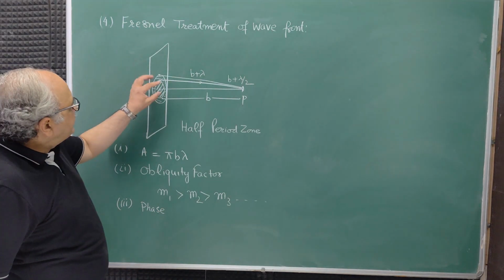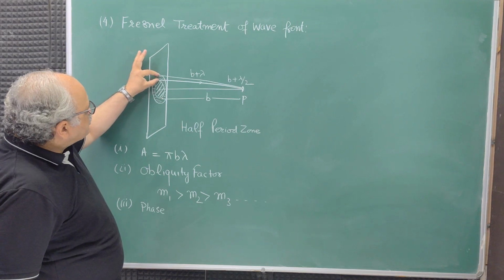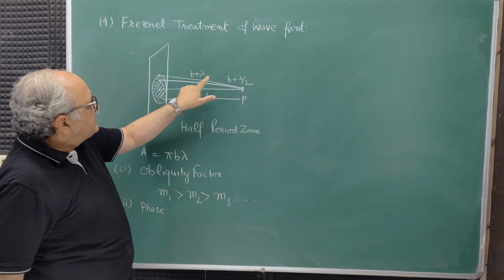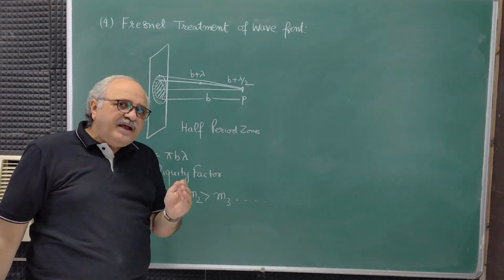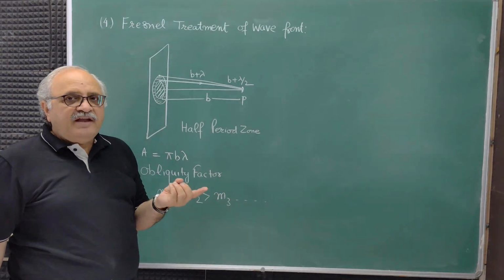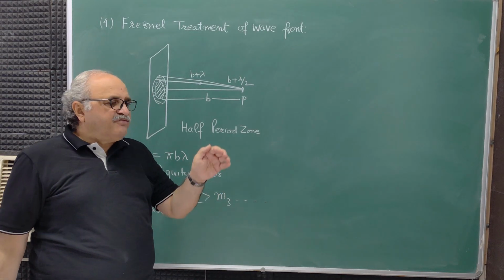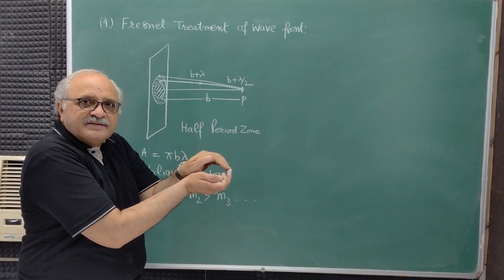The first half period zone and second half period zone have a path difference equal to lambda by 2. This lambda by 2 path difference is equivalent to a phase of pi. When I say pi phase, it means that if we have a crest from one, we are going to get a trough from the other.